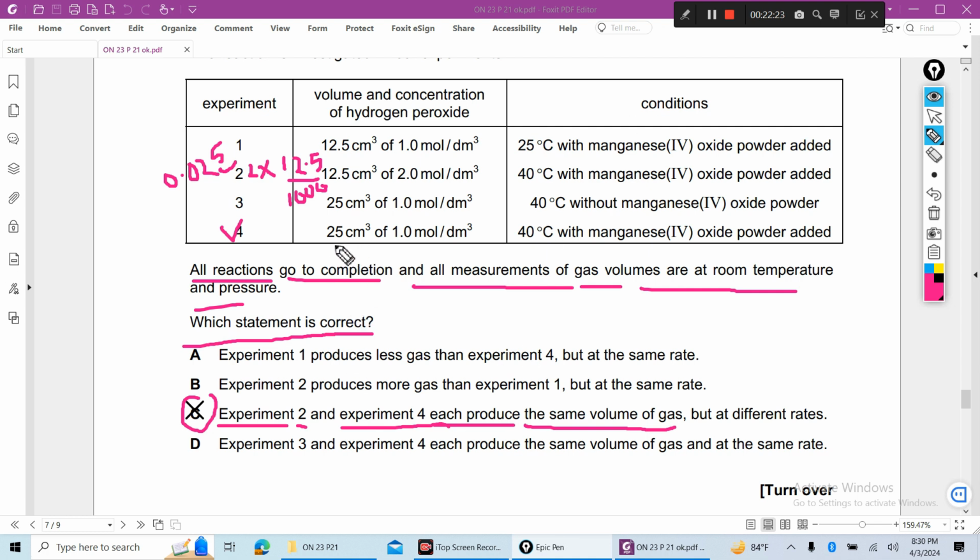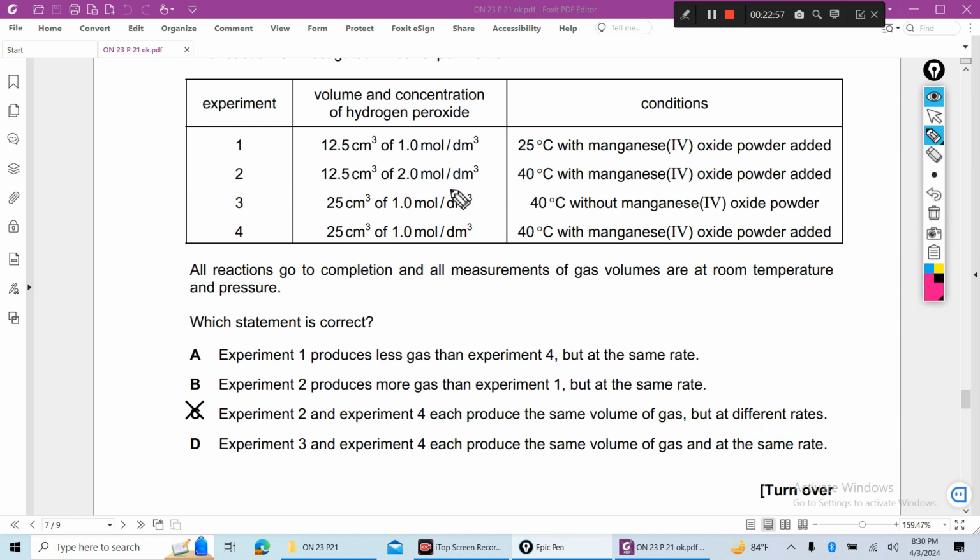And for experiment 4, if you count 25 divided by 1000 into 1, you will get the number of moles the same, 0.025. So as the moles of reactant are the same, experiment 2 and experiment 4 produce the same volume of gas because the number of moles is the same, but the rate of reaction is different.